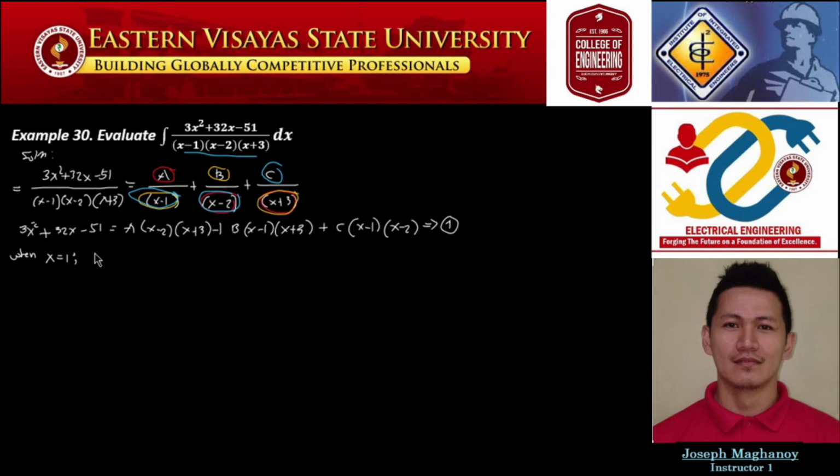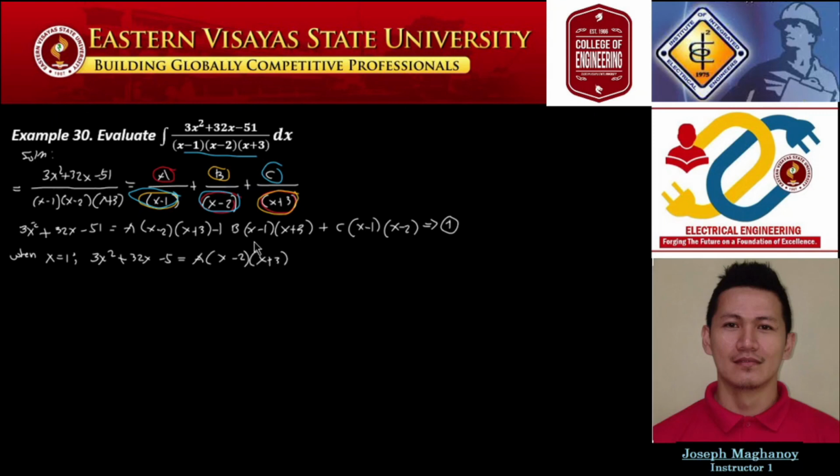So we have 3x squared plus 32x minus 51 equal to A, x minus 2, x plus 3.